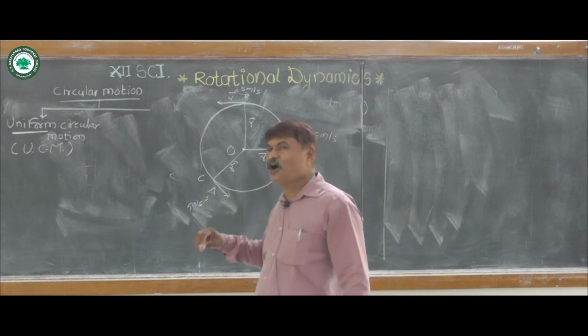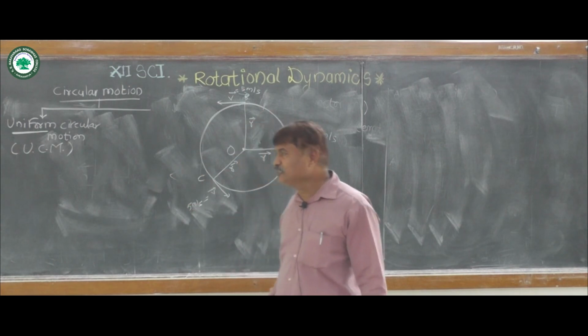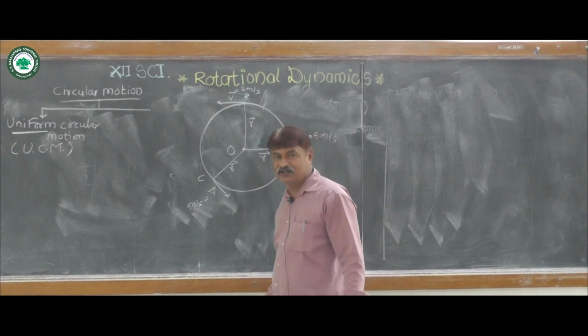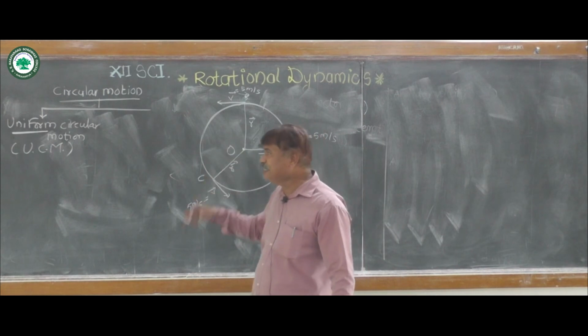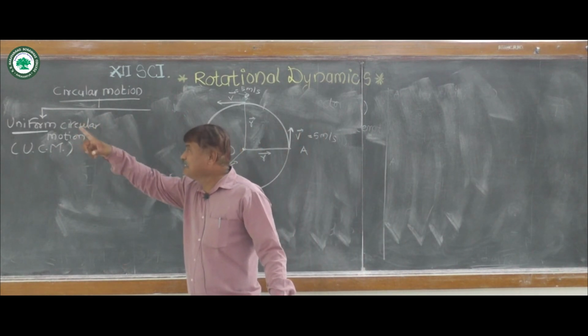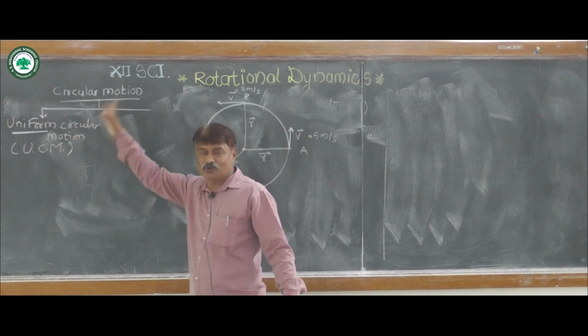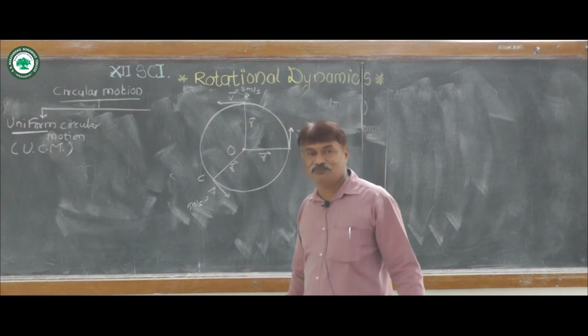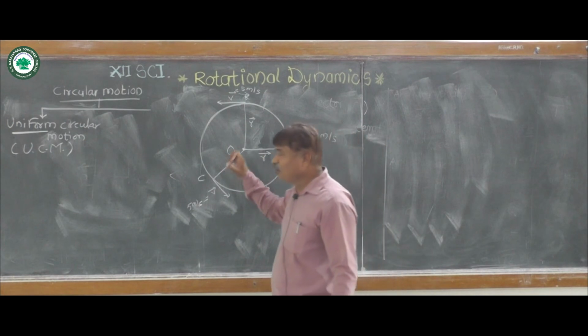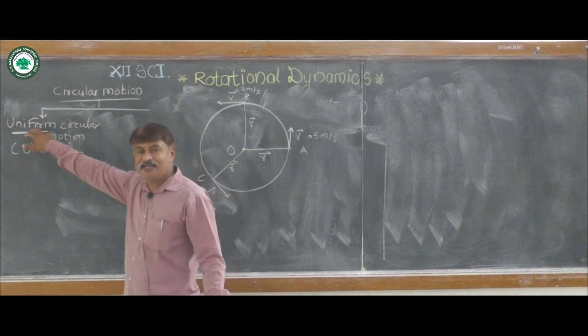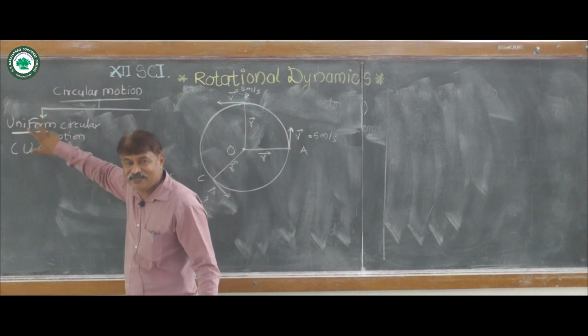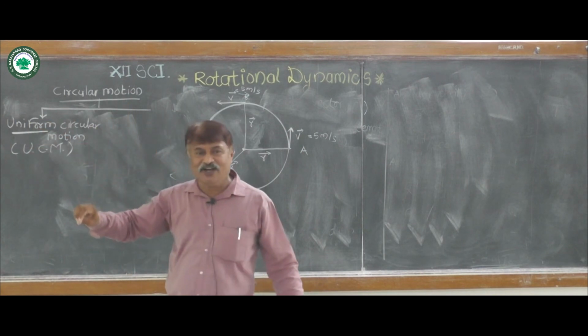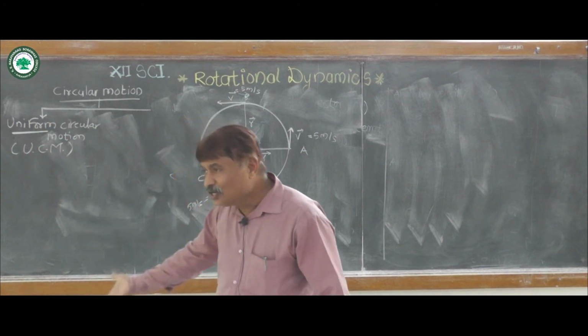The motion of an object along the circumference of a circle with constant linear speed is called uniform circular motion. So remember again, what is the definition of uniform circular motion? In case of uniform circular motion, uniform means remains constant. Which quantity remains constant? The linear speed of the particle or object remains constant.